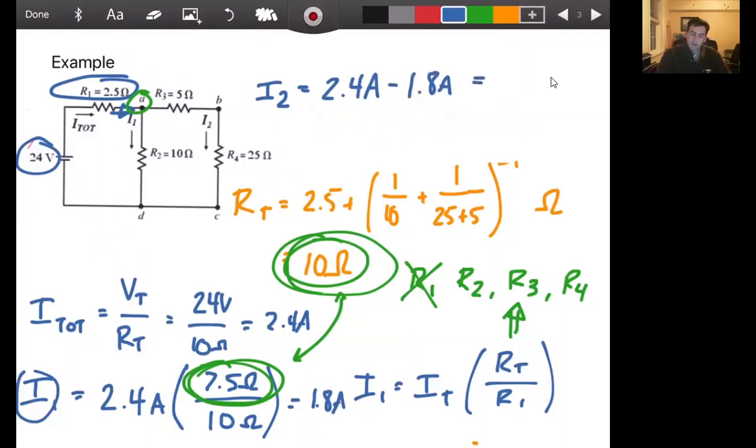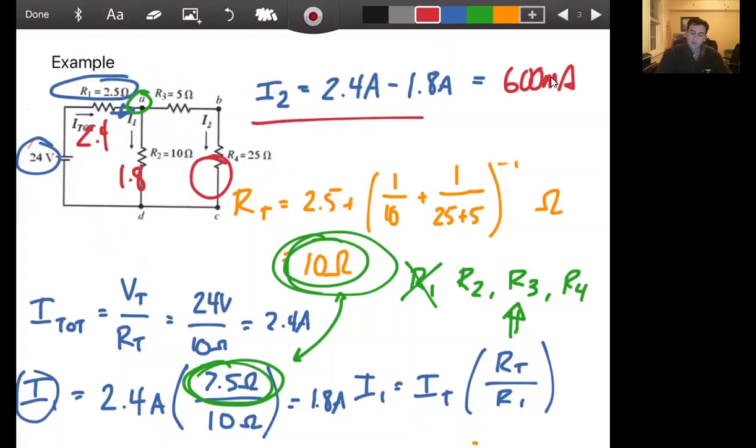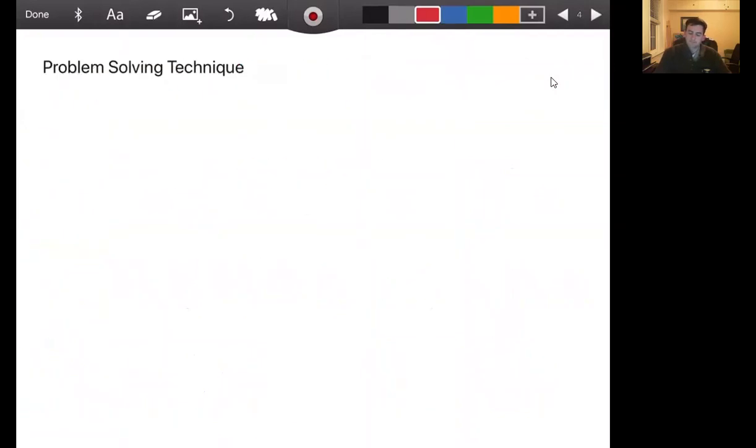If we know we have 2.4 amps coming in and we have 1.8 amps going down here, then whatever's left going down this branch must be the difference between those two values. And that's simply 600 milliamps. We've sort of used KCL, Kirchhoff's current law, in disguise to solve for this one.